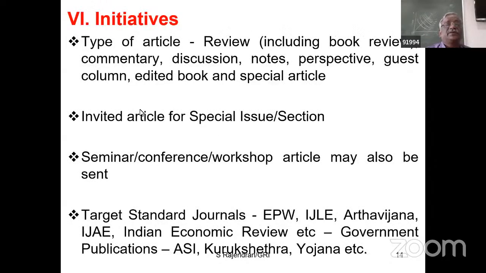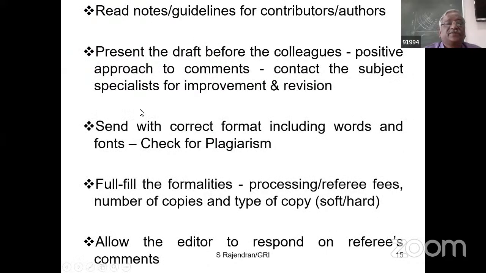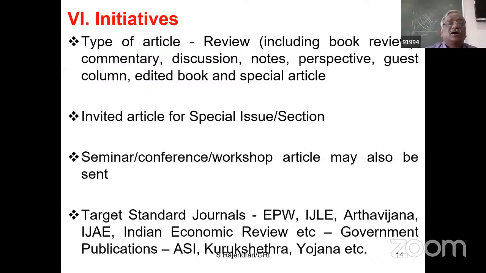Now let me come to the initiatives where we can focus. Type of the article: there are many types. Review: you can review an existing article published in standard journals, and also review books that have been published by somebody else. Also commentary which has contemporary relevance, discussion on an existing issue.